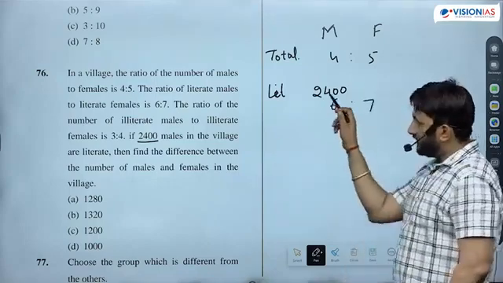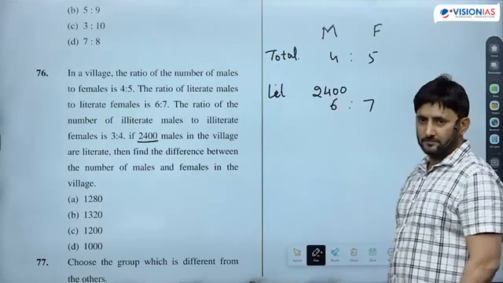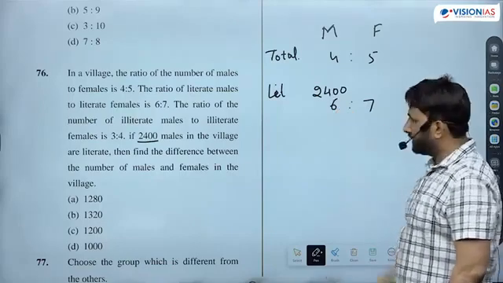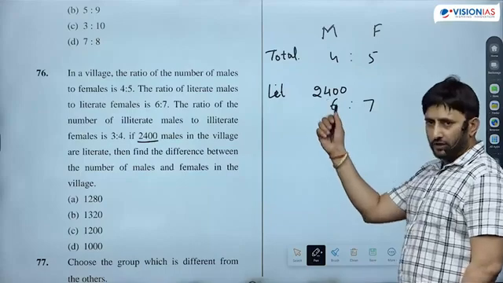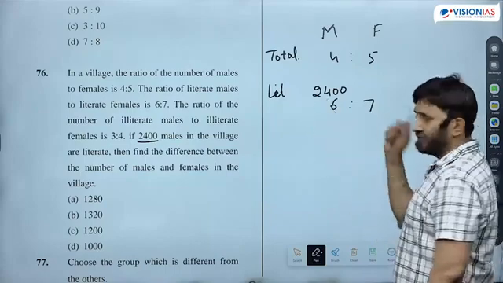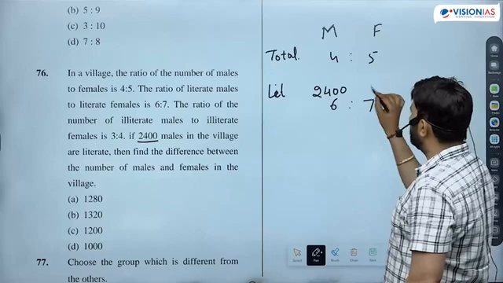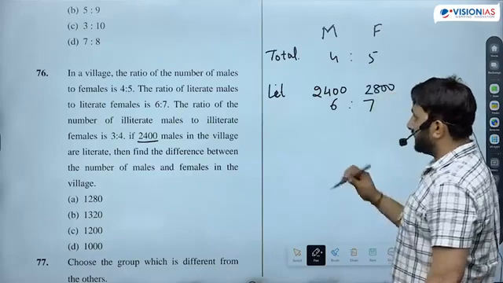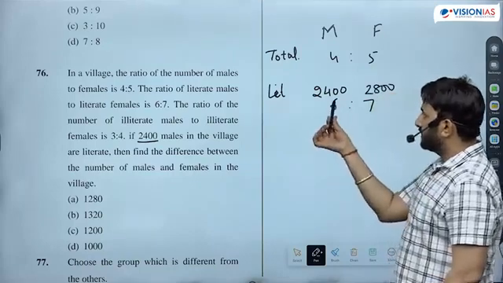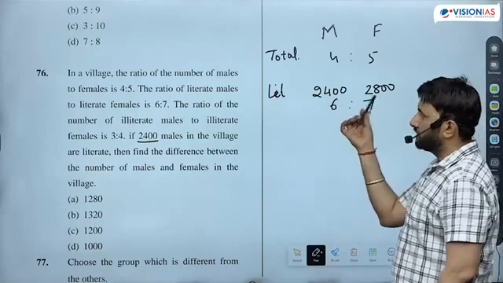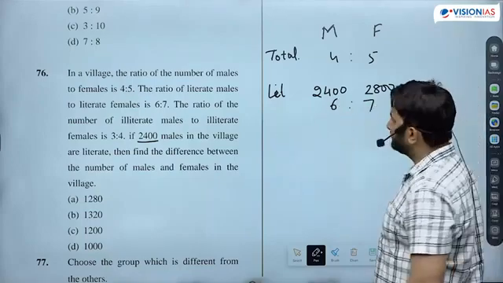Beta, if 6 is 2400, what is the value of one part? 400. If 6 parts is 2400, one part will be 400, and then the value of 7 parts will be 2800. 6:7 ratio दिया है. It means there are 2400 male and 2800 female who are literate.